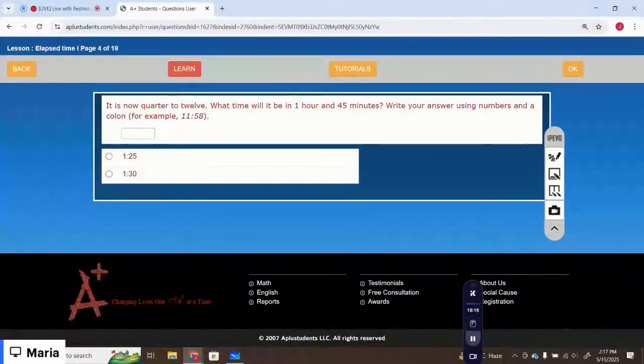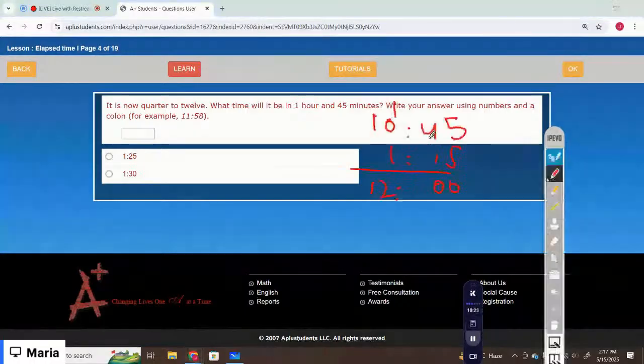It's a quarter to 12. That means 11:45 it is. Now we need to find what time it will be after 1 hour and 45 minutes?